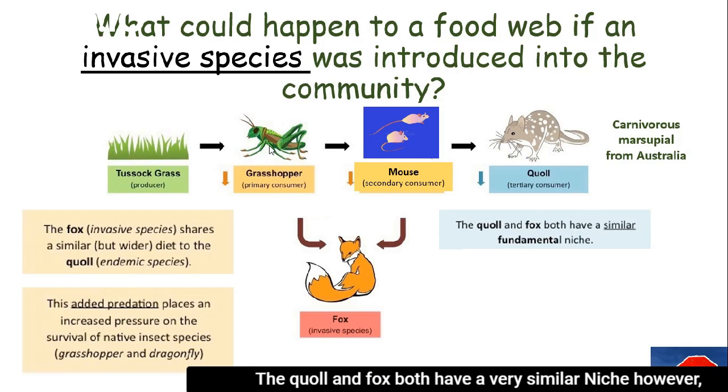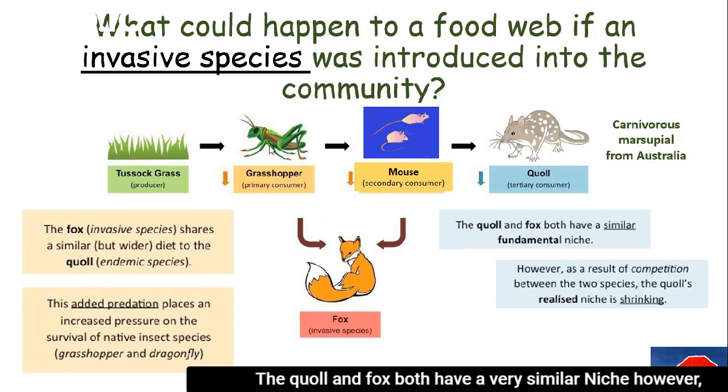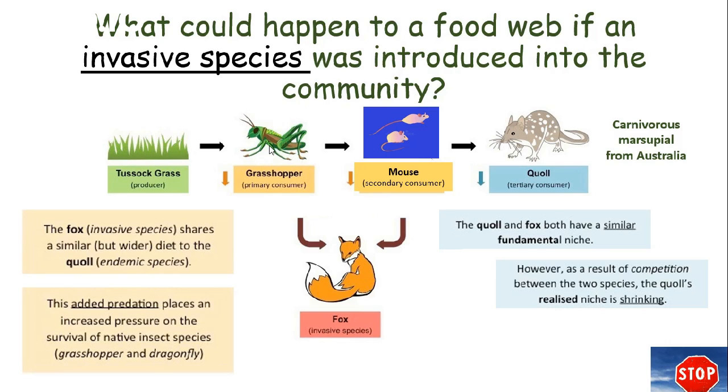The quoll and fox both have a very similar niche. However, as a result of competition between the two species, that quoll's niche is actually shrinking. What is actually available for them to use is getting less and less because that fox is essentially outcompeting the quoll and eating everything. And sometimes the fox even preys on the quoll themselves.